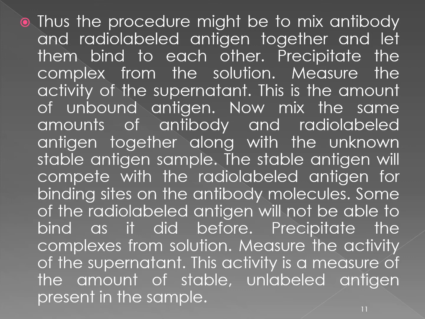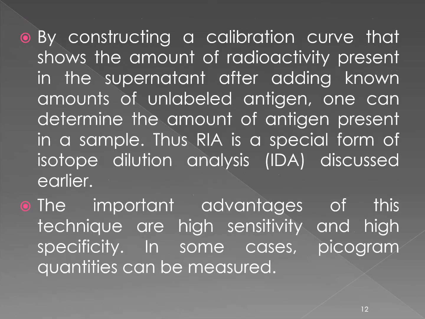But when we added the stable antigen along with radio labeled antigen into the antibody reaction mixture, then the activity is the measure of the amount of stable unlabeled antigen present in the sample.